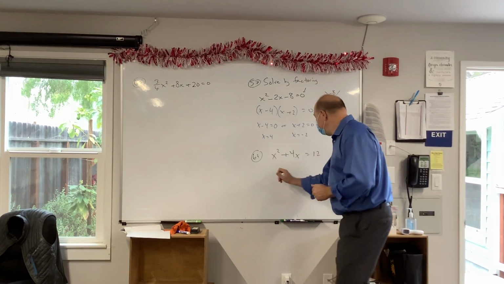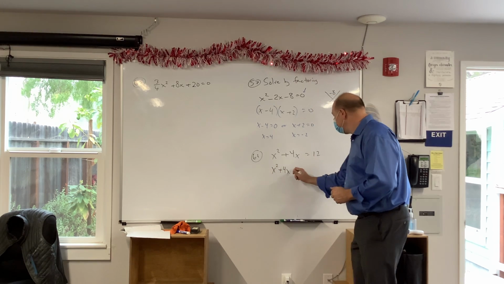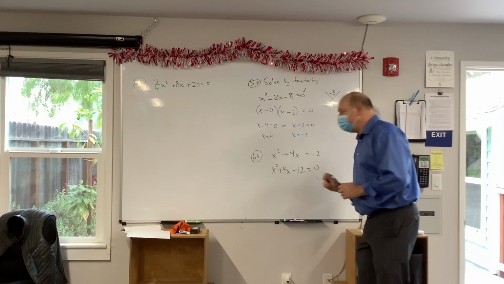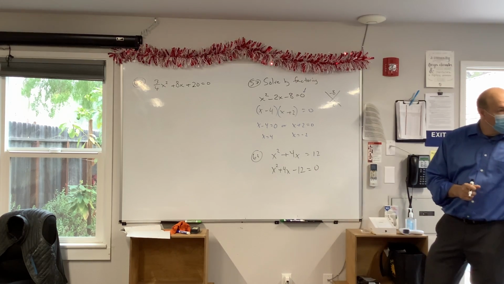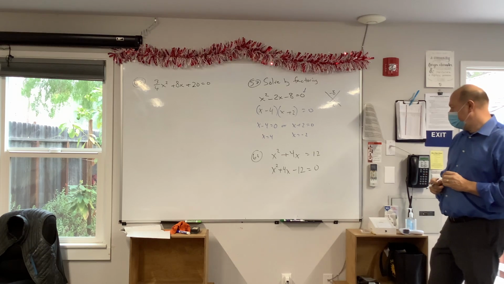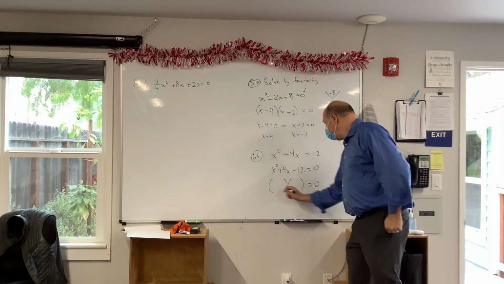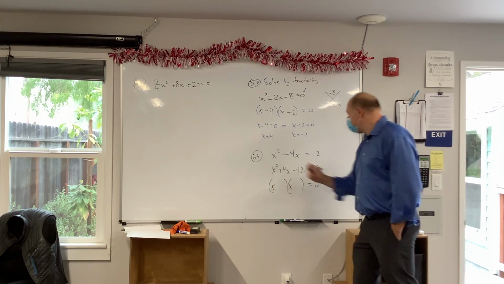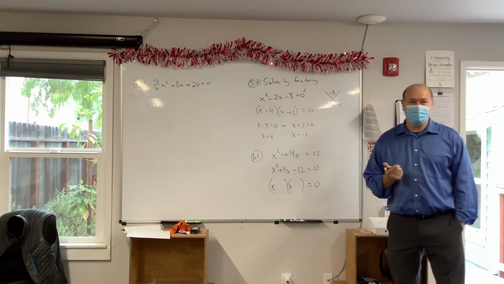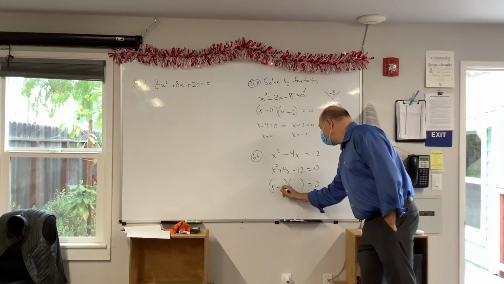All right, with this one, I am going to move the 12 over, so I think it has to look like this. Everybody agreed? Dylan? Yeah, absolutely. Thanks for asking. Okay, boom, there's that. And I got two numbers. X times x gives me x squared, but I need two numbers multiplied to 12, that have to be 4. -6.